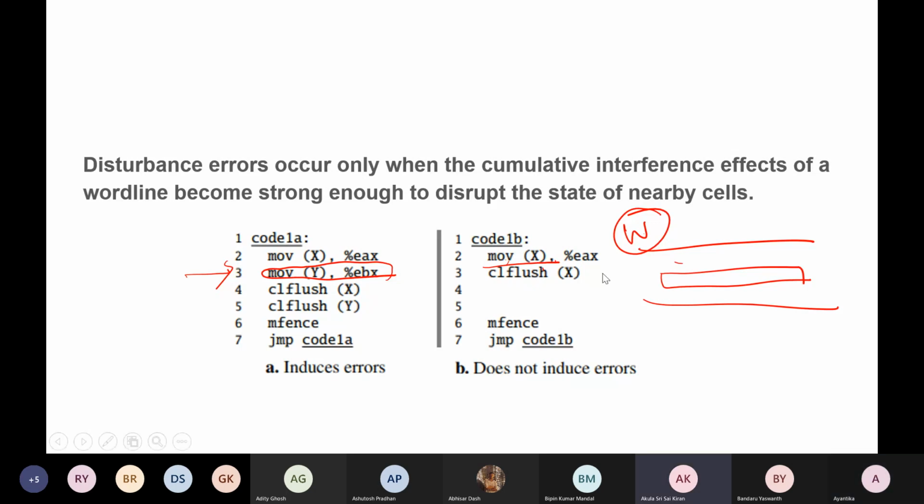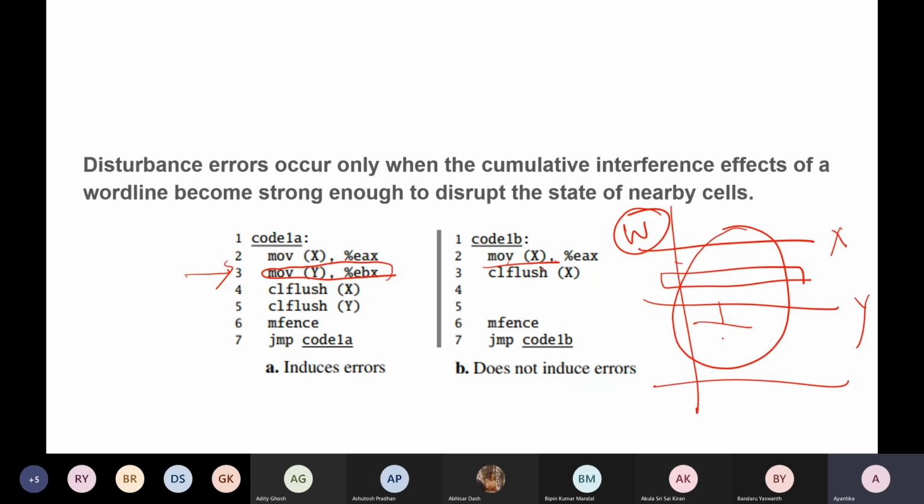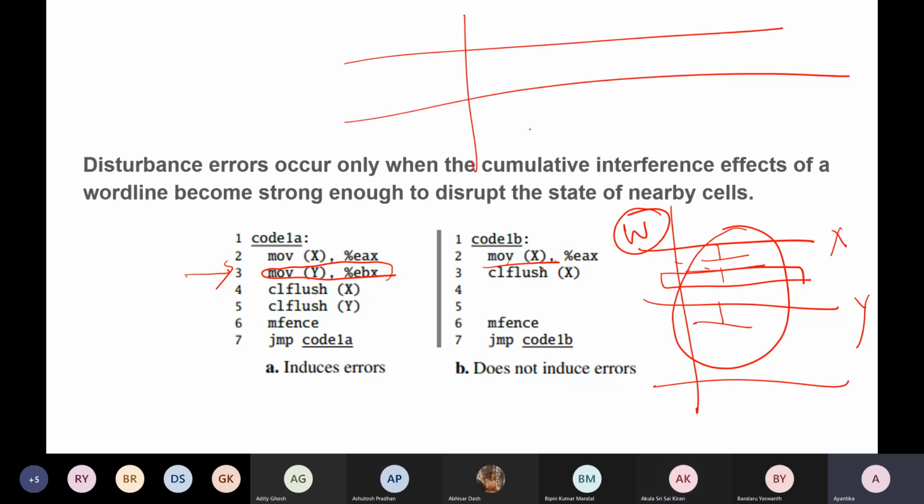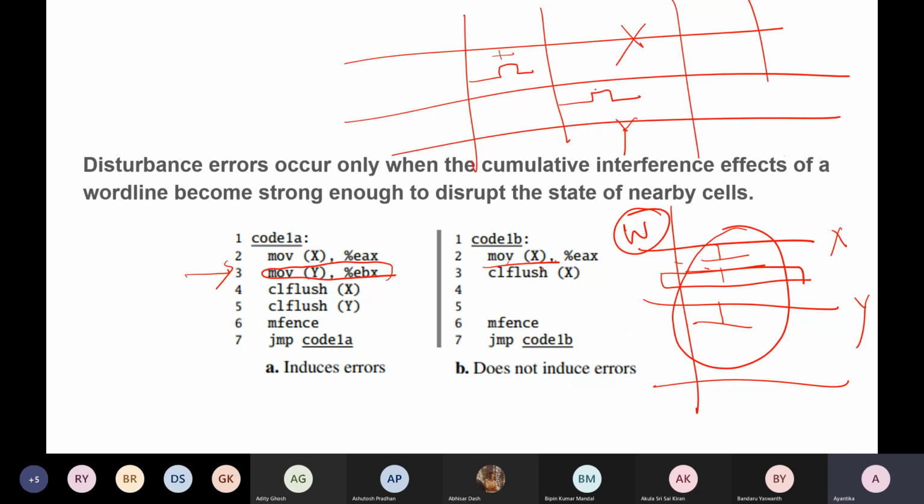So the intermediate row will be between X and Y. Yes, the intermediate row is between X and Y. Maybe you are fetching X from somewhere here, and Y from somewhere here, and we are talking about flipping the bits of these parts.